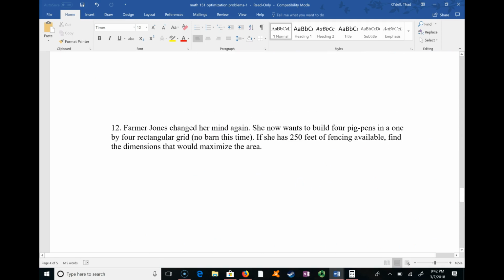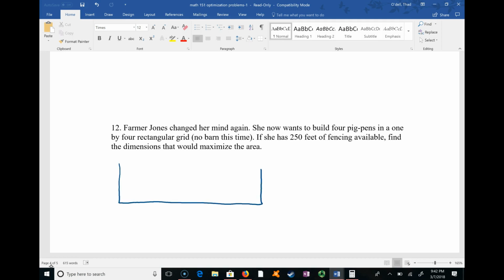Farmer Jones changed her mind again. She now wants to build 4 pig pens in a 1x4 rectangular grid. No barn this time. If she has 250 feet of fencing available, find the dimensions that would maximize the area. So 1x4 rectangular grid, that means it's like this.